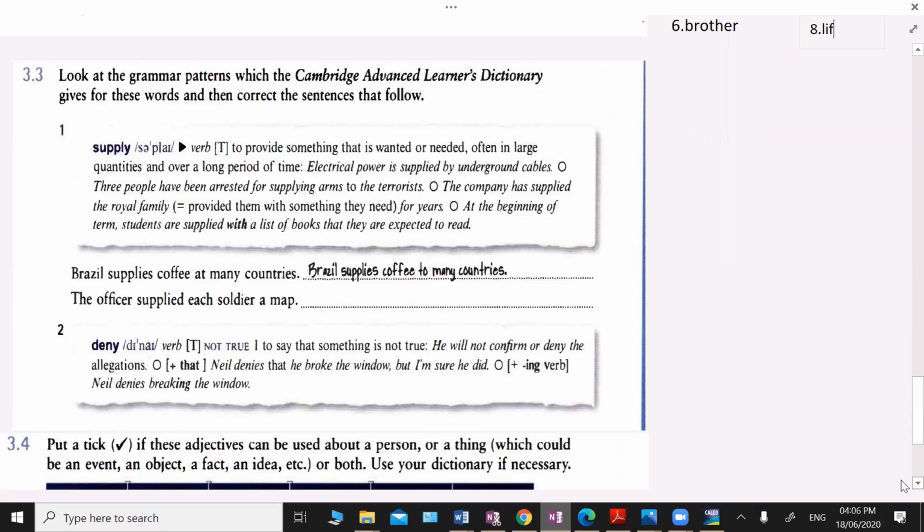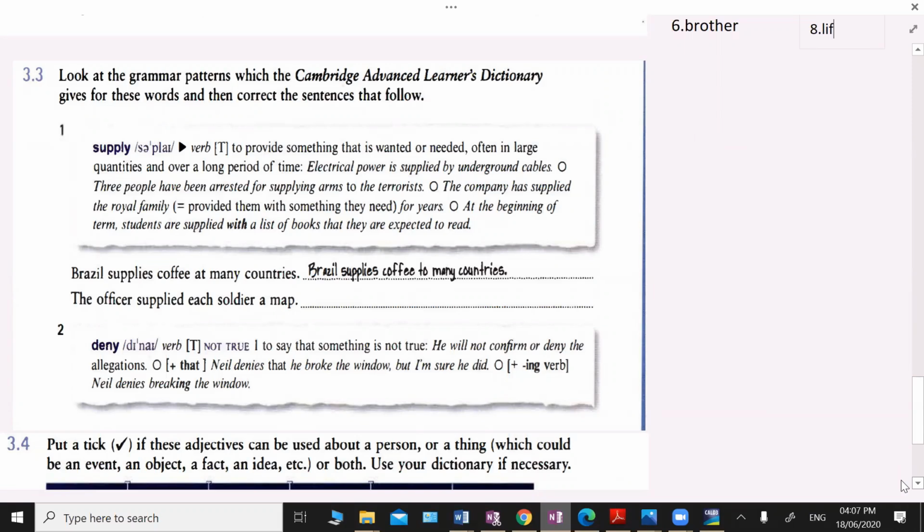The word is supply. You can see the symbols are given, then it's a verb, and then T, transitive, and it means to provide something that is wanted or needed, often in large quantities and over a large period of time. This is the meaning of the word.